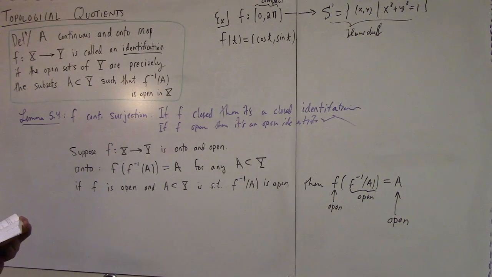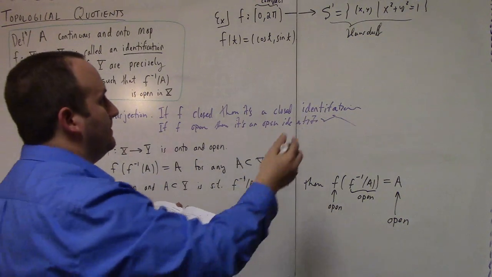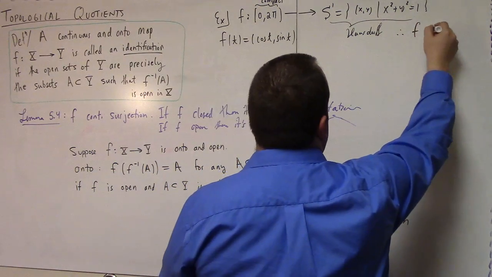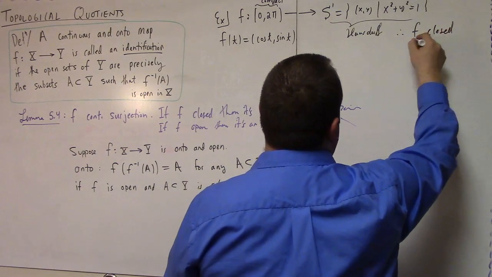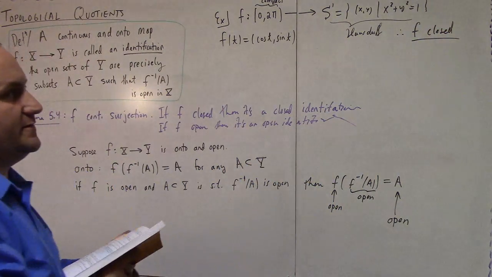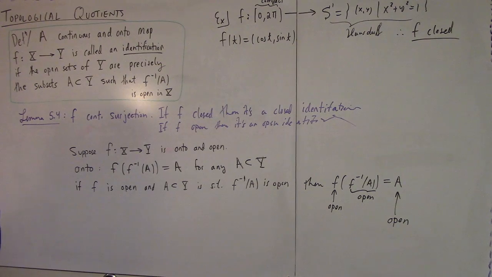So therefore F is closed. Okay, we had that theorem before. Compact domain, Hausdorff codomain means it's closed, and it's a closed surjection. So therefore it's a closed identification if we believe lemma 5.4.